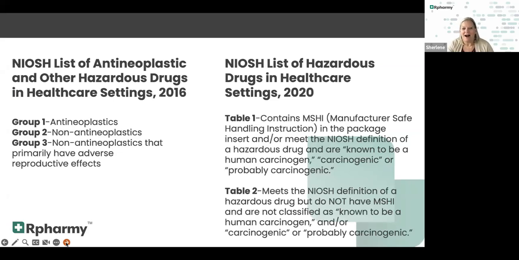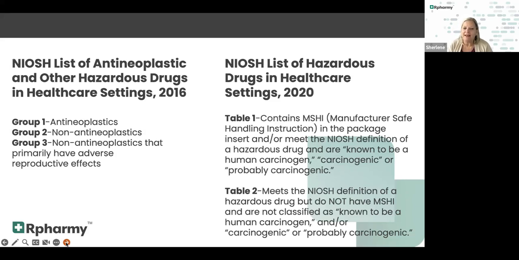I have to be honest, in 2016 my work life did not revolve around USP 800 or NIOSH. At the time, I was more involved in pharmacy informatics. I don't know exactly when the 2016 NIOSH list became official, but from what I can gather, it was sometime in 2017.